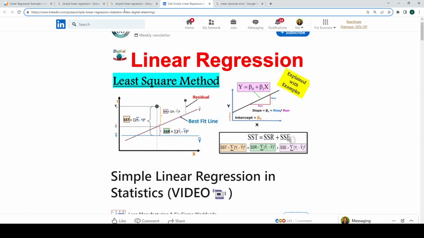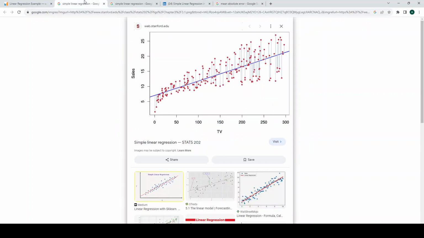I wanted to briefly touch upon some assumptions also. For example, as you see, we are trying to draw an approximate line. So, what if your data is having a lot of outliers? Then this will not give you correct predictions, right? The slope will get affected and it will not be good.